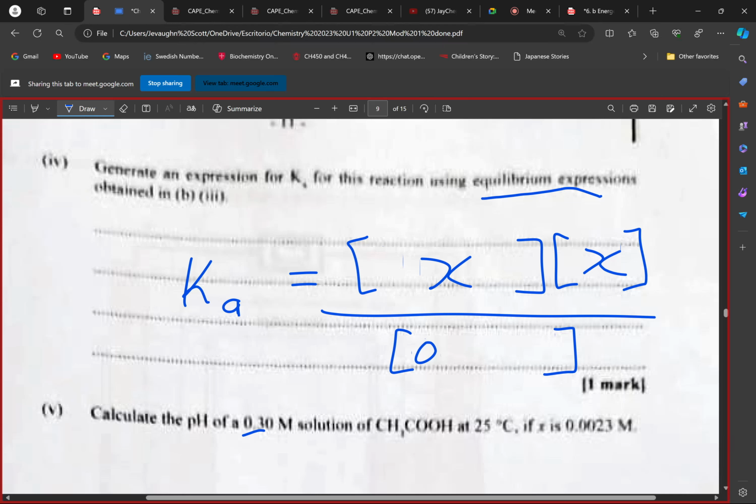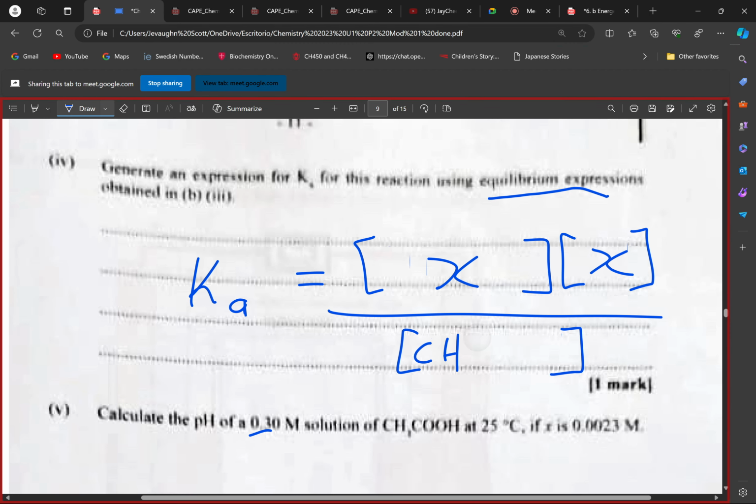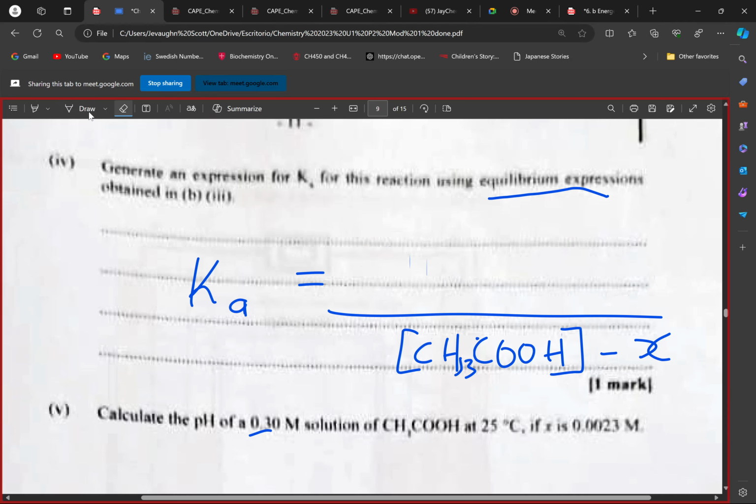So how I would write this is CH3COOH, and I would minus x from it over here. So it doesn't even have to be the concentration of x times x. Generally it would just be reduced to x squared over here. Alright, so I think that would make sense.